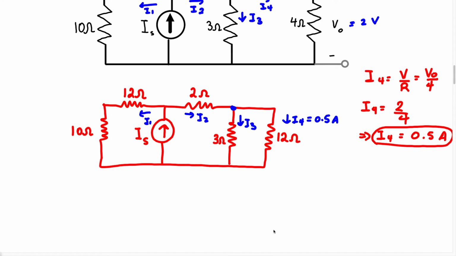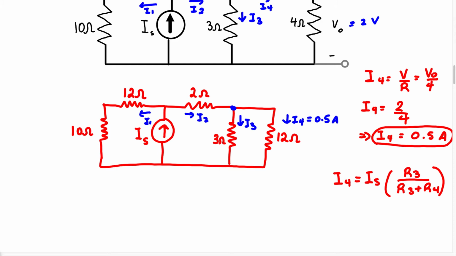So we can write our current division formula as I sub 4 equals the current source multiplied by resistor 3. Now we know R3 is going to be this 3 ohm resistor, which is in parallel with this 12 ohm resistor that has the current I4 flowing through it. And we're going to have R3 plus R4.